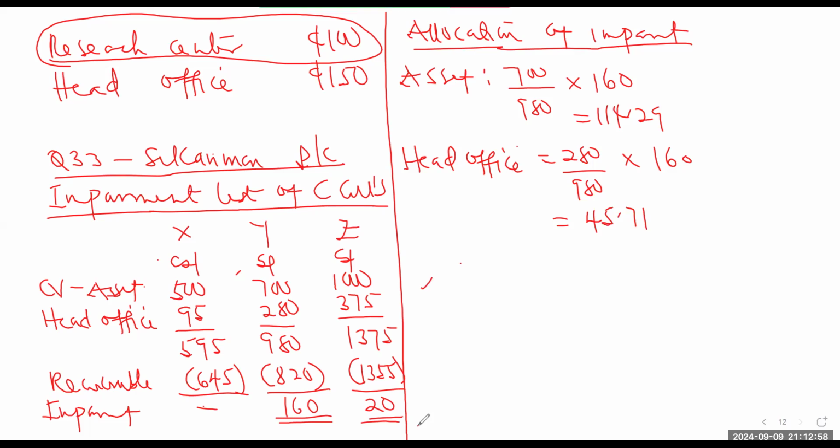Let's count to the allocation for Z. How do we share the impairment of 20? It's between Z and then the head office. So 1000 over 1375 multiplied by 20, isn't it? Yes.